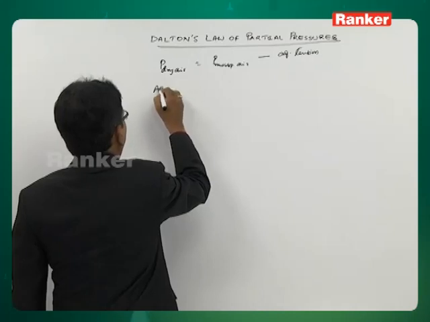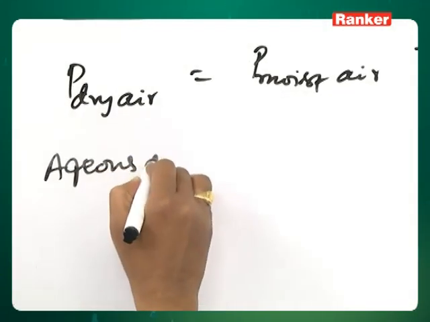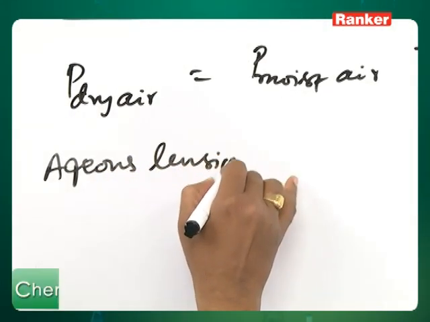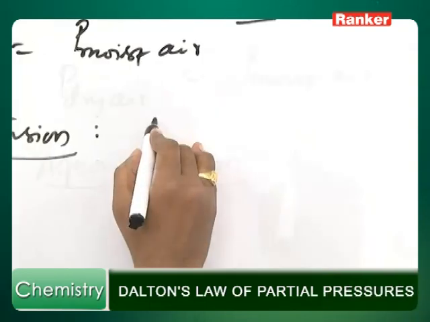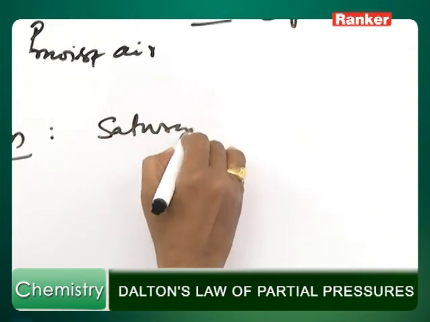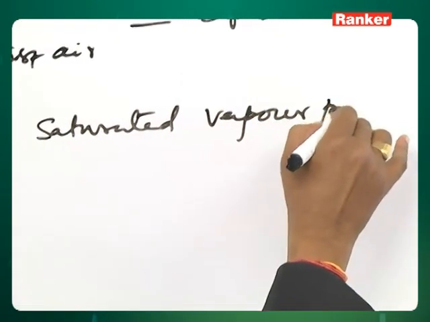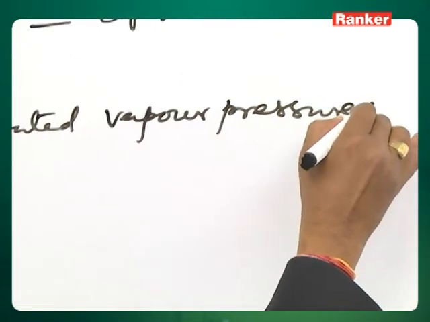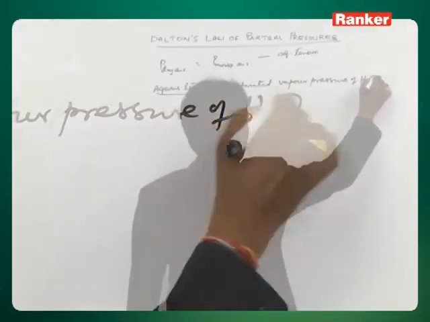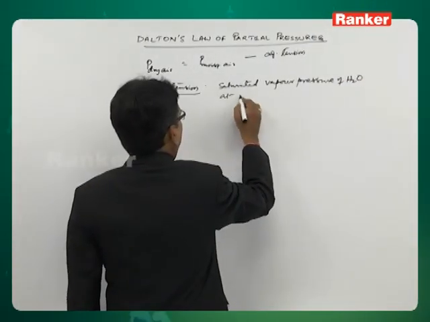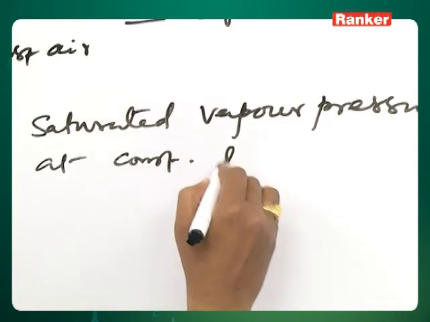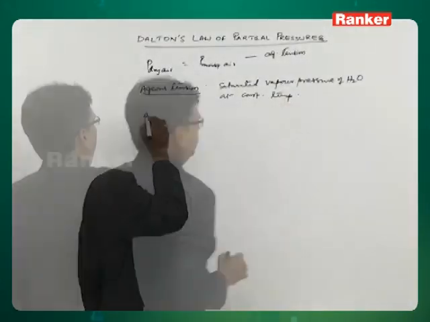Aqueous tension is nothing but saturated vapor pressure of water at constant temperature.